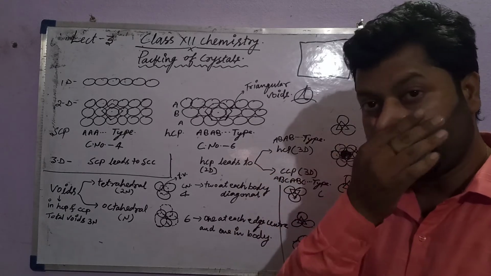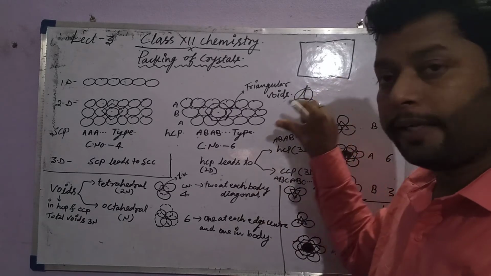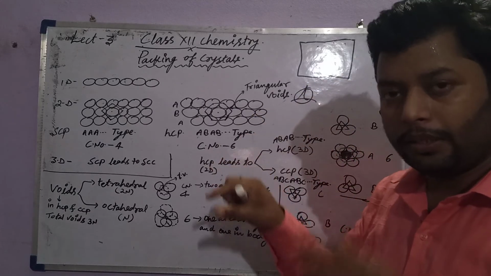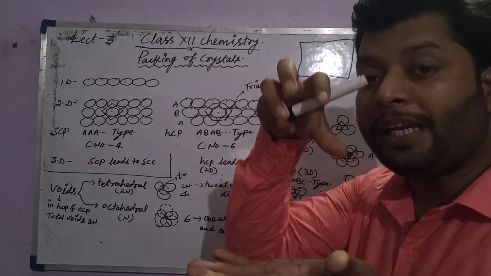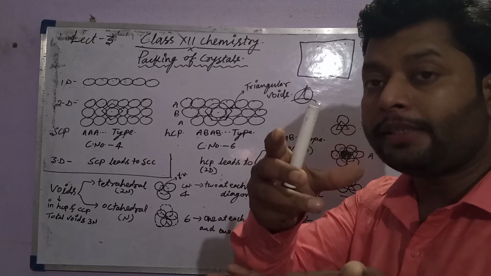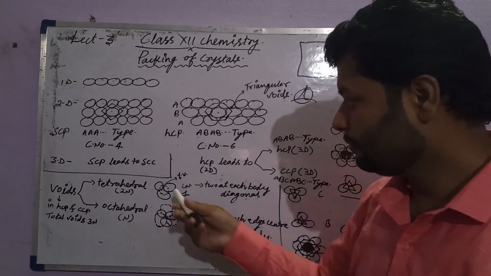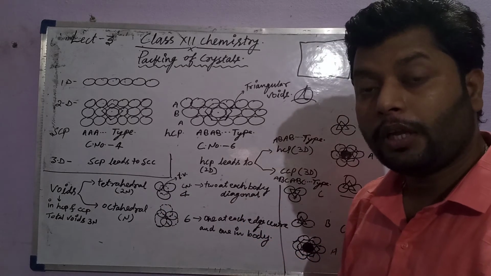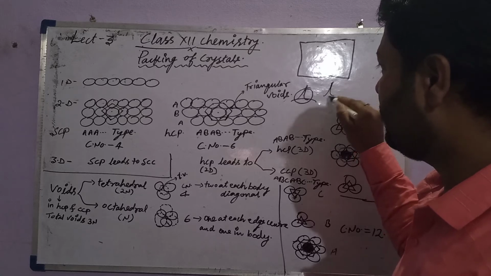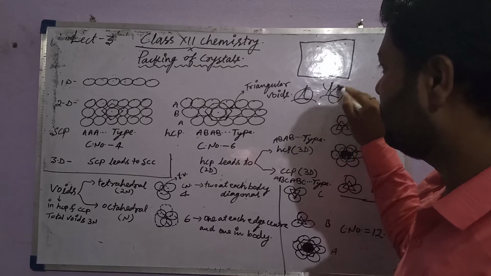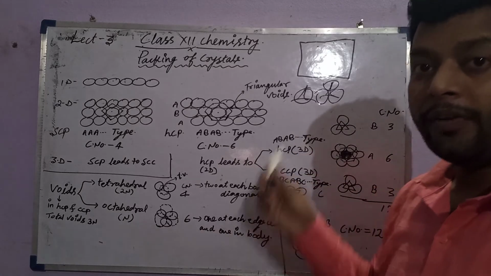I'm repeating, listen one more time. Tetrahedral voids means the triangular voids in 2-dimensional completely covered by the particles in the next layer. And in octahedral, the voids are not completely covered by the second layer particle. You can see on the board.